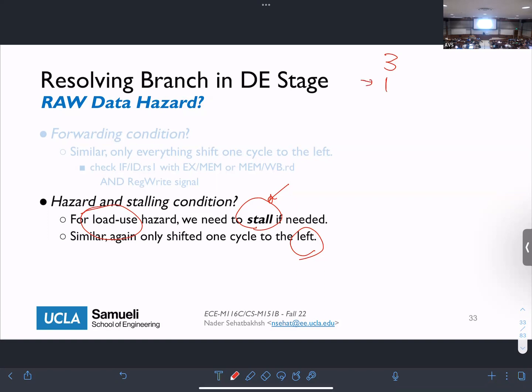And if you have a load use data hazard coupled with your branch, then you have basically 2, because you need to stall for 1 cycle and then you pay that additional cycle. Okay, so it's a little bit complex, unfortunately, but there are different corner cases that you need to think about. Okay, is that clear why we're doing this?